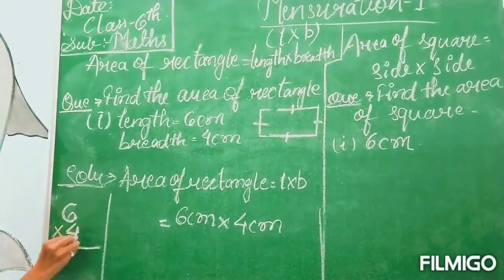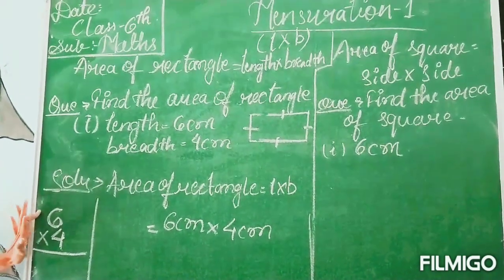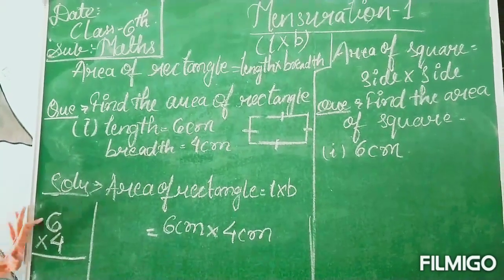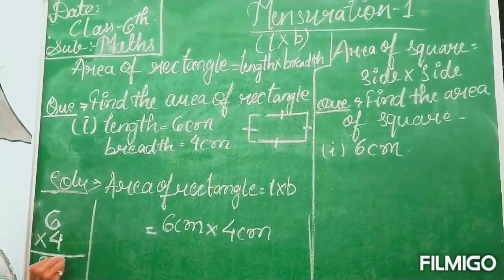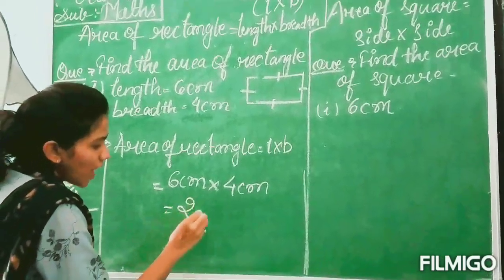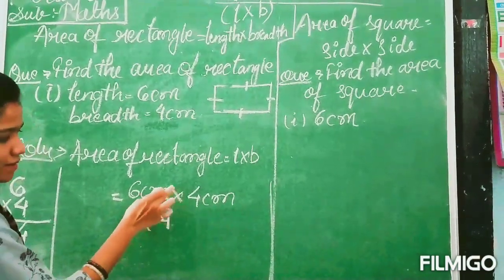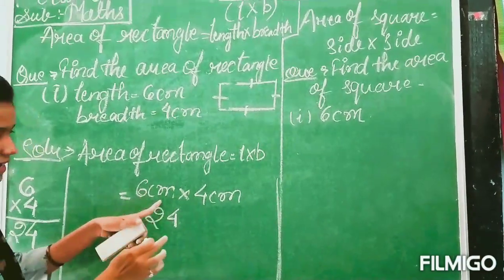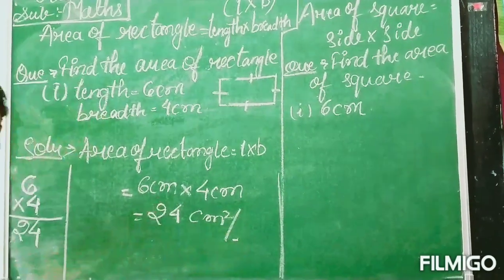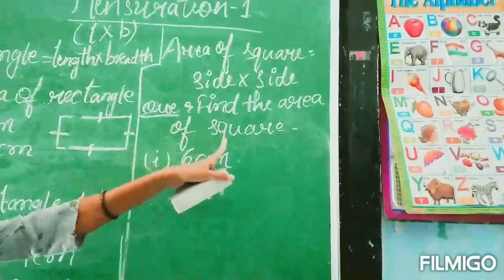Then multiply 6 into 4. 6 1 is 6, 6 2 is 12, 6 3 is 18, 6 4 is 24. What is the value of 6 into 4? 24. Then the answer is 24, and centimeter and centimeter. What is in the middle? Multiply. Means centimeter into centimeter, centimeter square. Clear?